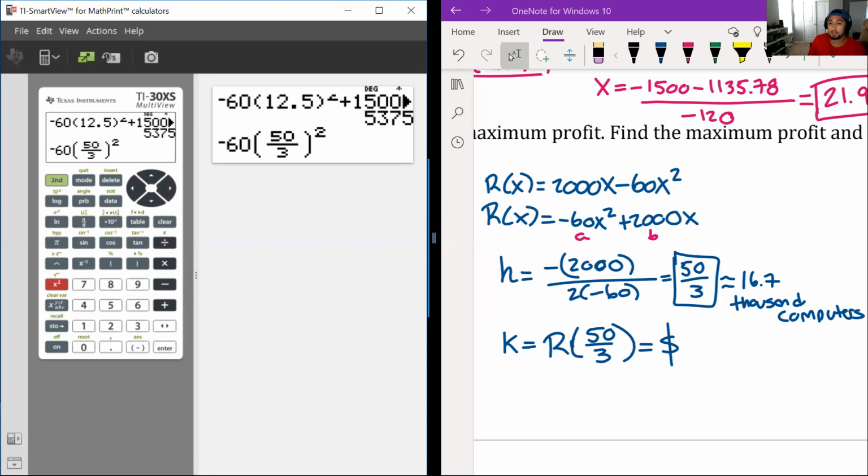So negative 60 times 50 over 3 squared plus 2000 times 50 over 3.